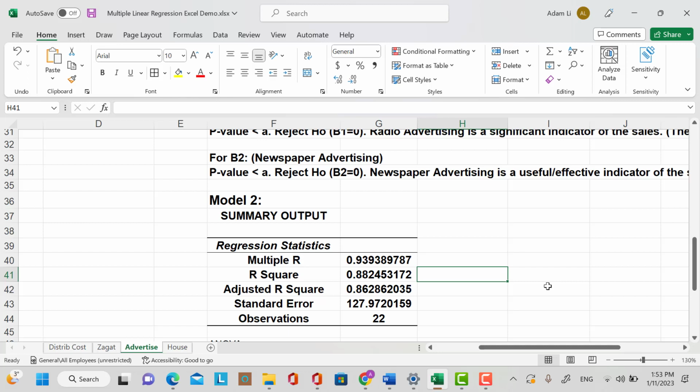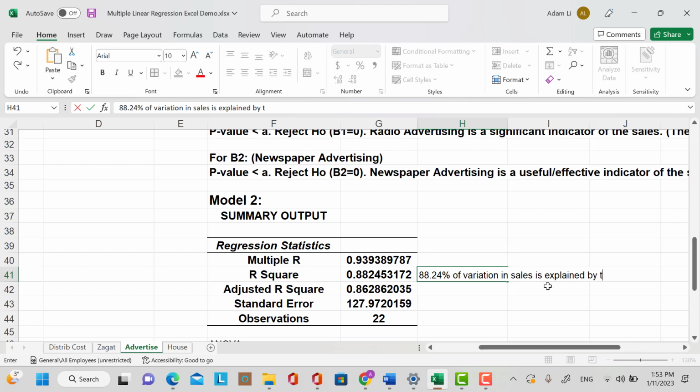If you look at R square here, it is 88.87%. That means 88.87% of the variation in sales is explained by the variation in three variables.